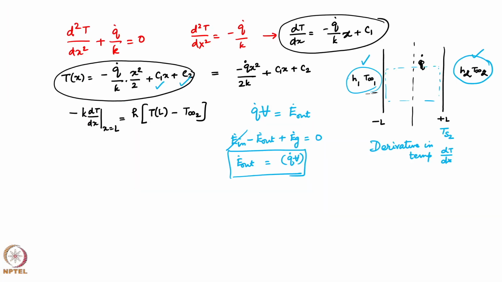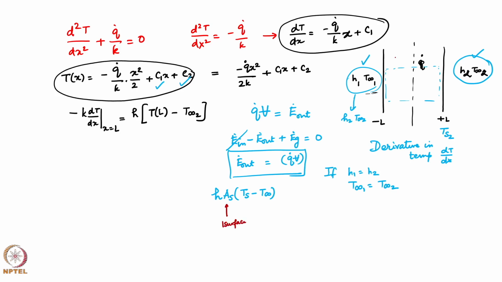Let me just go back. So, E dot out, let me say h1 equal to h2, T infinity 1 equal to T infinity 2. E dot out would be h into surface area into Ts minus T infinity, right. Is this correct? Not fully. Why? Because this is one surface.